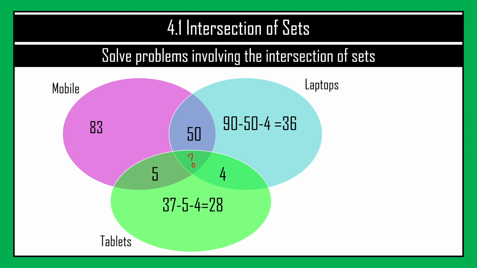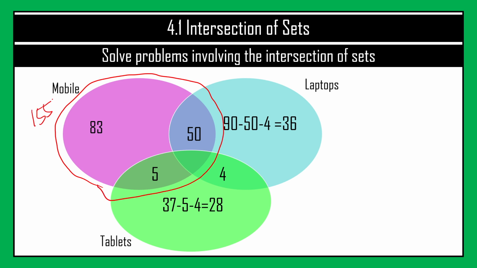So in order for us to find how many students are in here, I need you to recall that from the earlier information, we know that for mobile, we have a total of 155. Now this 155 includes everything. In this diagram, we know that mobile only is 83, and then mobile and laptop only is 50, mobile and tablets are 5. Now there is only one area that is not given.